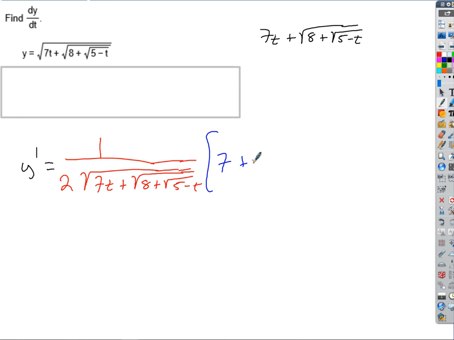So once again, we've taken the square root of stuff, and we already know that's going to be 1/2 times one over the square root of stuff. And then just that term right there, we got to go another layer with that one.